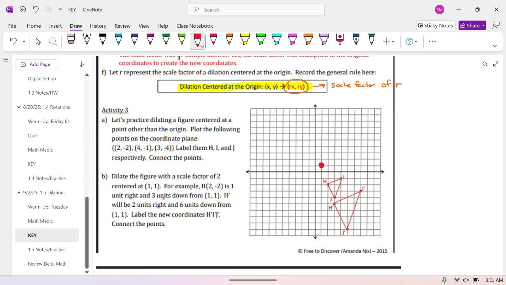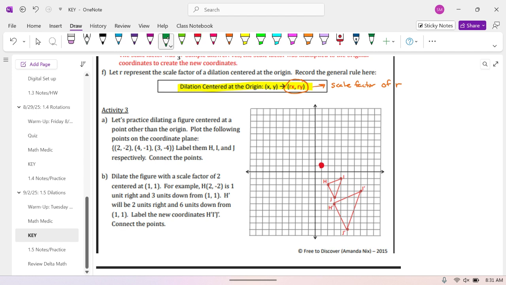Now, that means we have to do it based off of its translation. And by translation, I mean look at how it's translated from (1, 1) to each point.